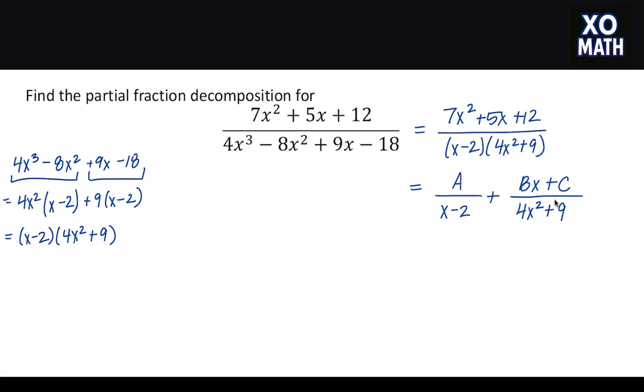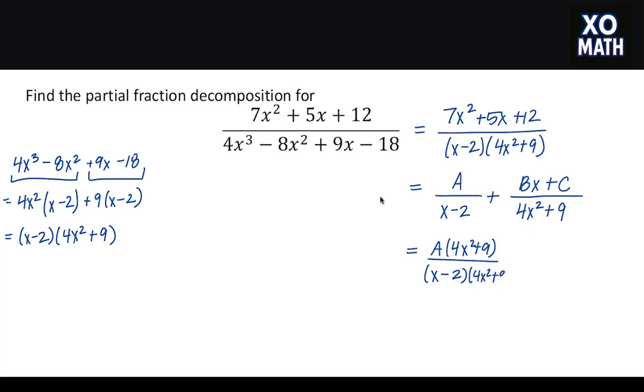But once again, the idea is that when you combine these two back together, we should get back to the original expression. So let's go ahead and combine these back together. The common denominator is these two multiplied together. So I'll have to multiply the left side by 4x² + 9 on the top and on the bottom.